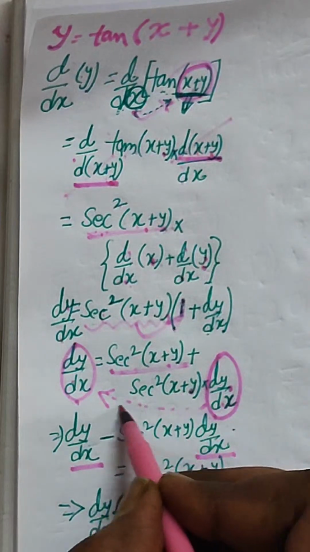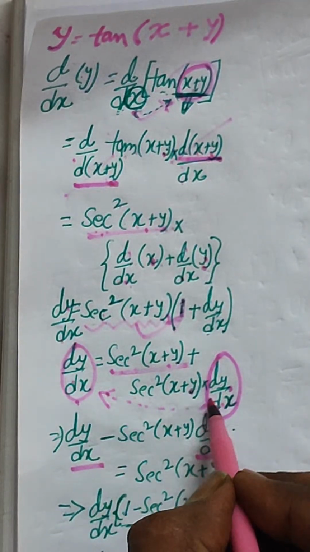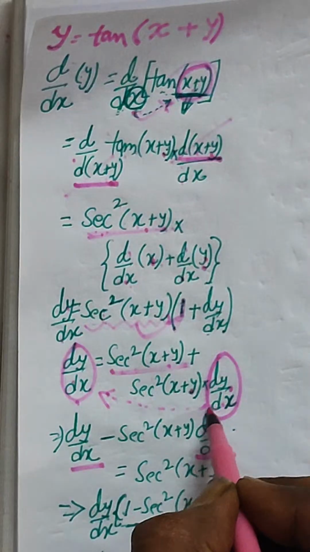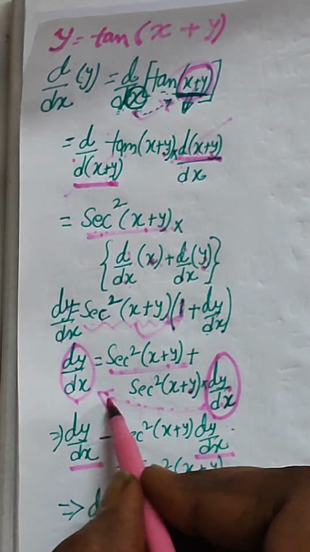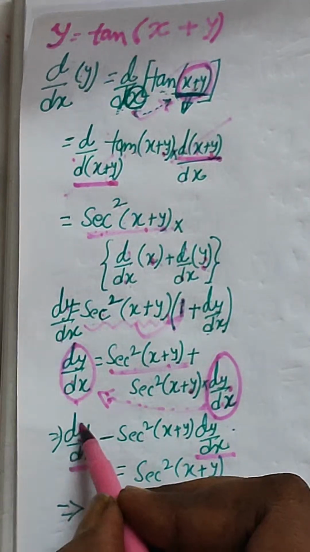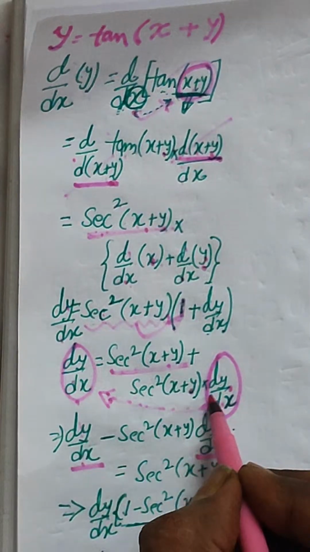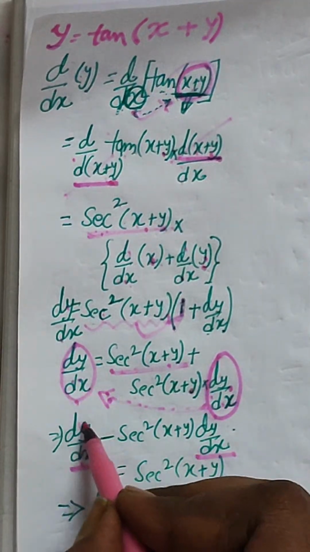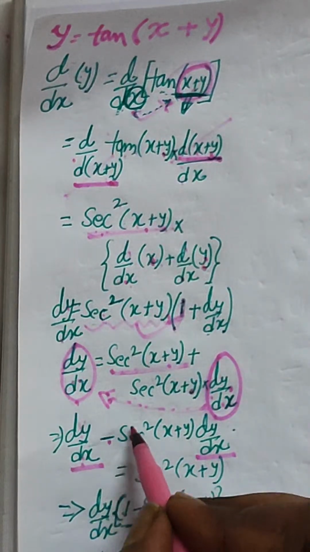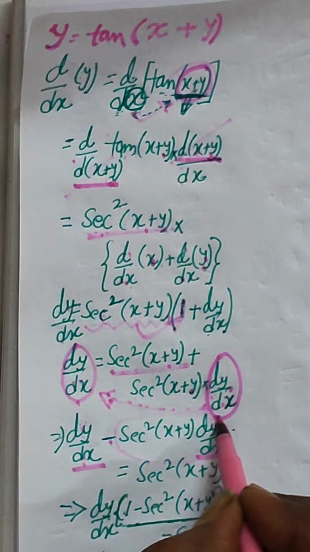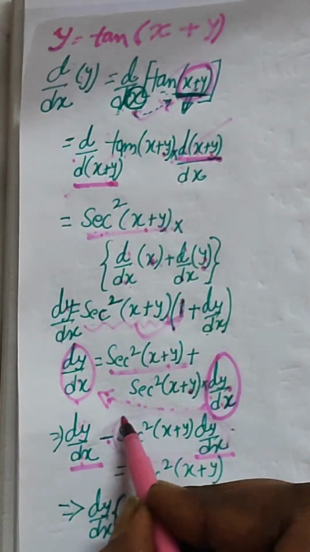So just push it to the LHS. The RHS term with dy by dx could be pushed into the LHS, and when it comes into the LHS, it will be dy by dx minus sec square x plus y times dy by dx.